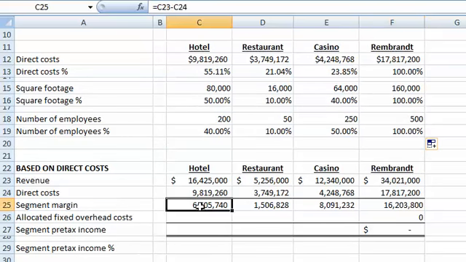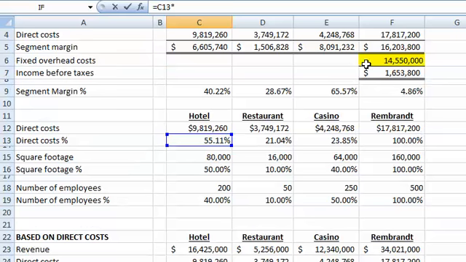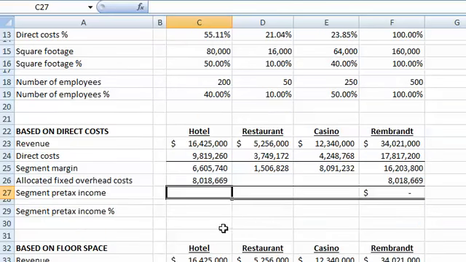Once again, we have our segment margin that we calculated earlier, and we want to subtract from that our allocated fixed overhead costs. We're going to allocate 55% of the $14.5 million to the hotel, for a total of $8 million.